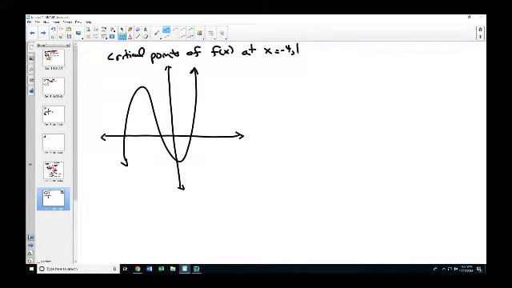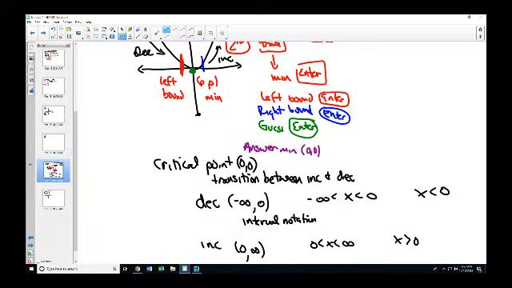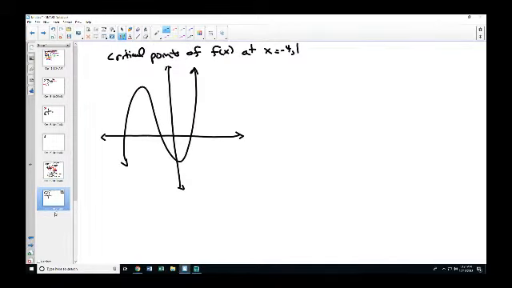If these are all just x values, do not get those confused. Intervals and algebraic intervals are all x values. See how it says x equals? Those are just x's. So negative 4 and 1.